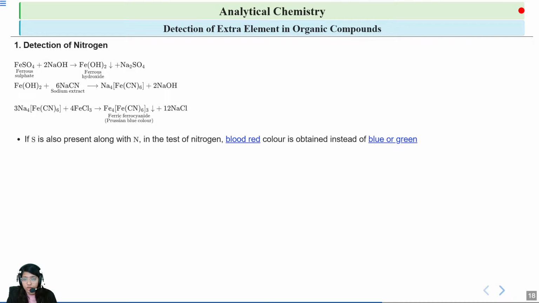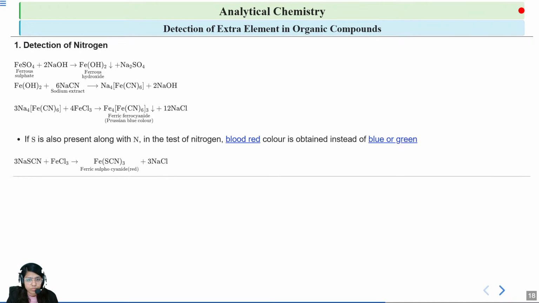And when it is treated with ferric chloride, a blood red color is produced due to the formation of ferric sulfocyanide, which is a blood red, water soluble chemical compound. This reaction shows the formation of ferric sulfocyanide, which is a red colored compound. It forms when sodium thiocyanate, NaSCN, reacts with ferric chloride, FeCl3.